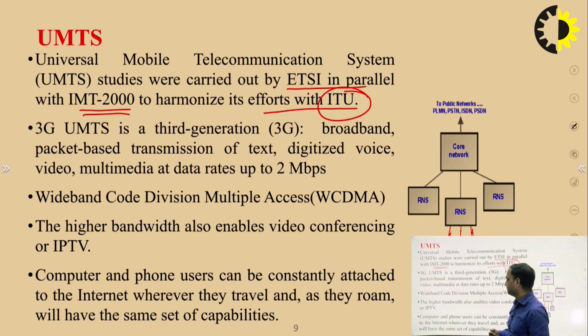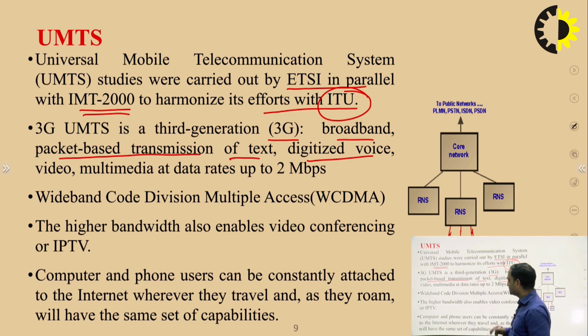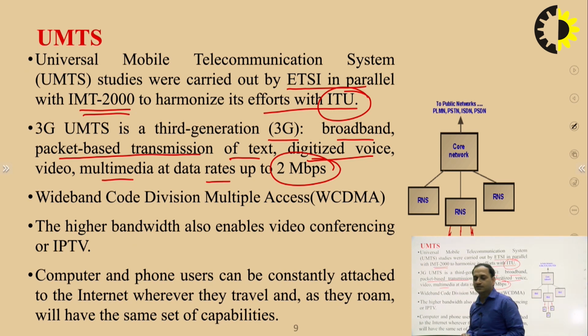So this is the 3G network, which has some features like broadband, packet-based transmission of text, digitized voice, video, and multimedia at data rates up to 2 Mbps. This is a very important feature achieved in the 3G network.